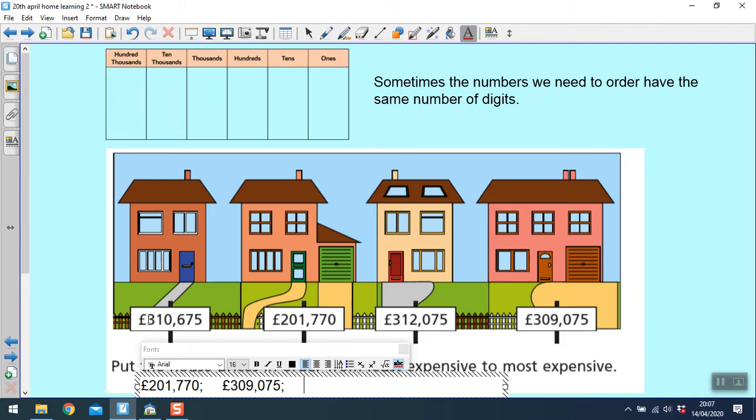They've both got 300,000s and 1 ten of thousands. This has got 2 thousands, that hasn't got any thousands. So 310,675 is next, and the most expensive house, the highest amount of money, is 312,075.